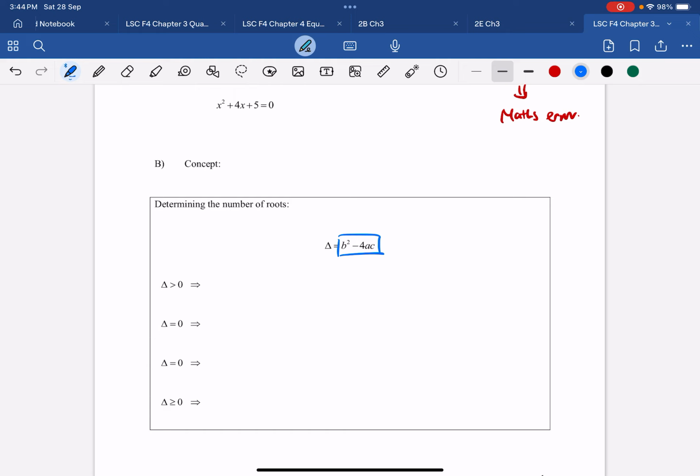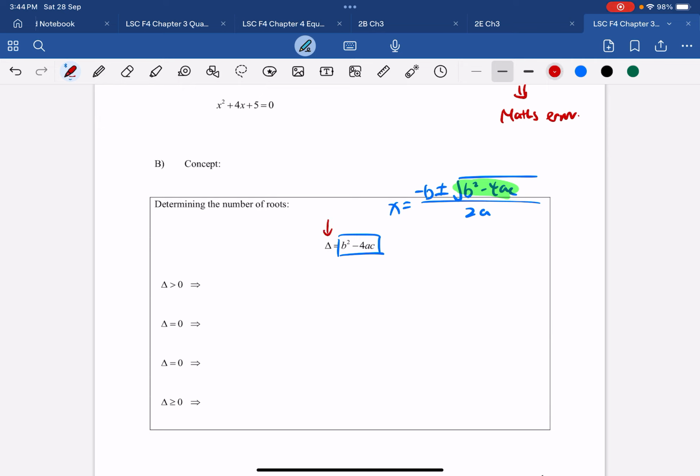So you remember the quadratic formula is like this. Which means that this part is controlling how many roots or how many answers the quadratic equation has. And then we define b squared minus 4ac as delta.